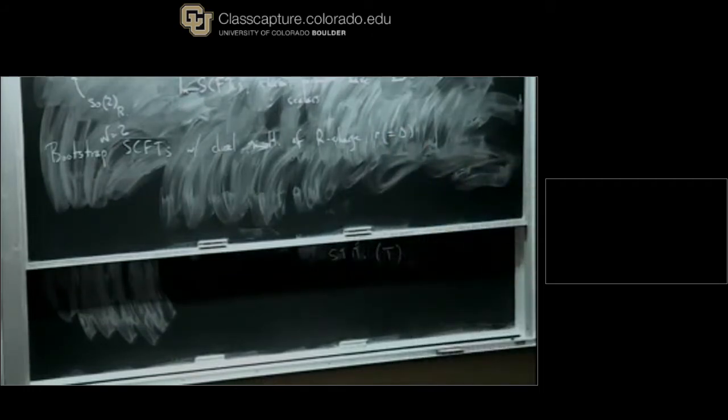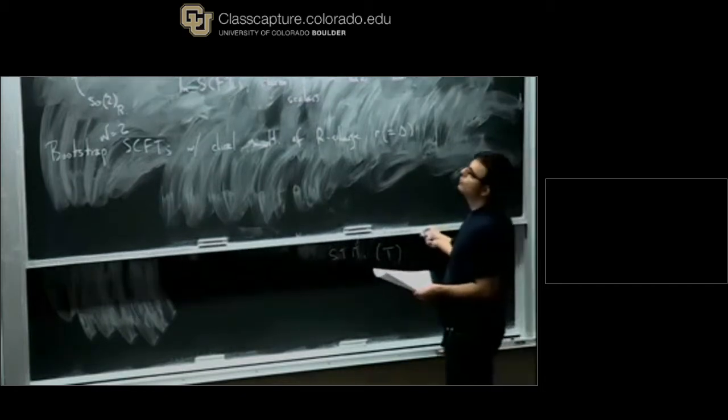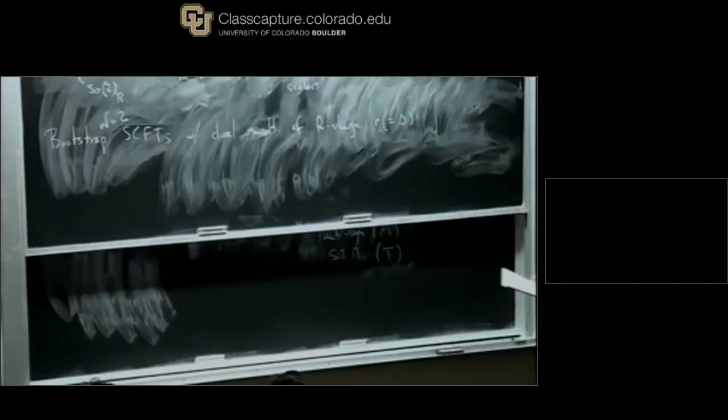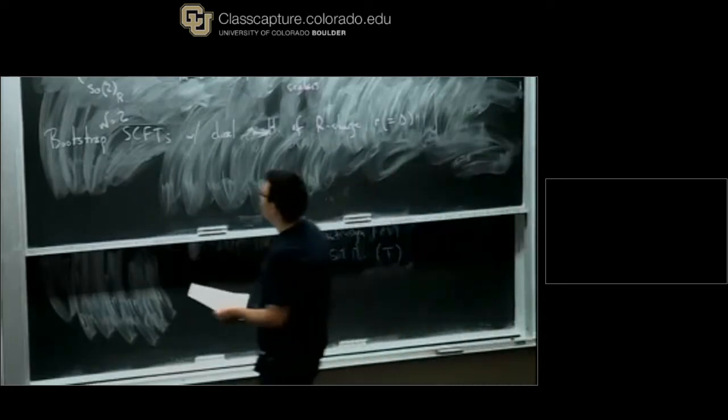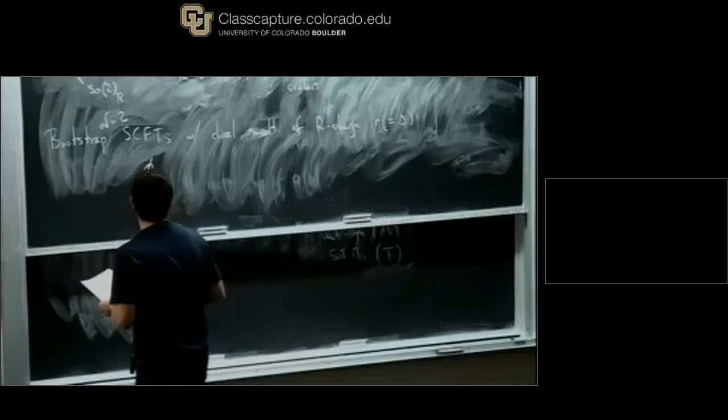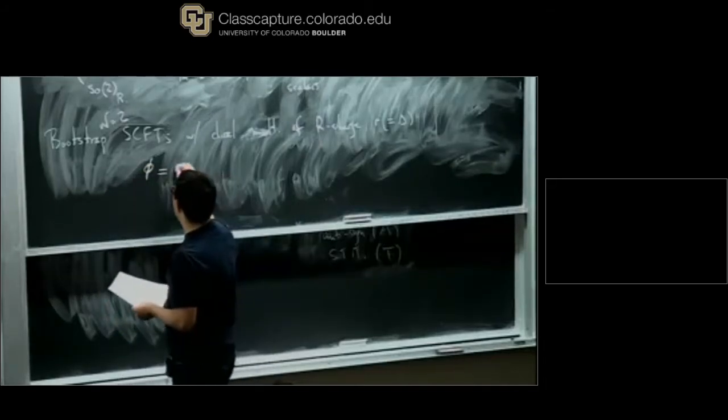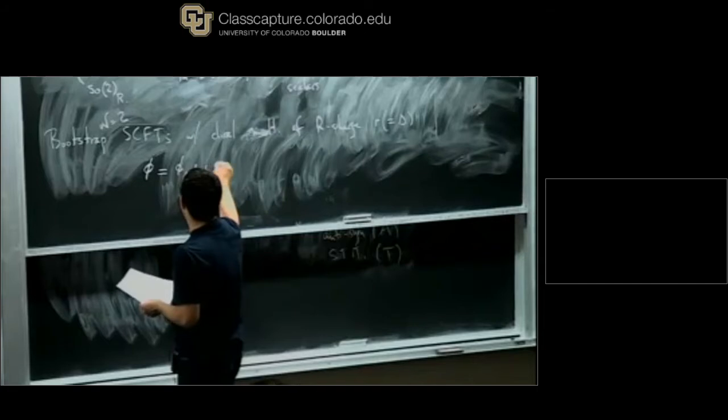The fermion would have a scaling dimension delta plus a half. So what do we need to do? Well, this scalar is complex, so we can write it as phi 1 plus i phi 2.